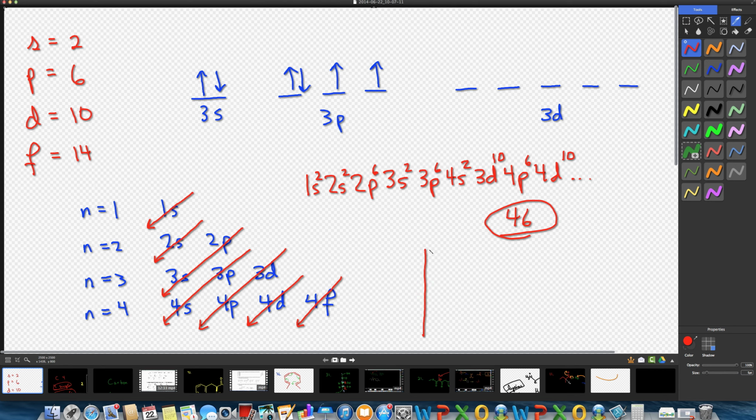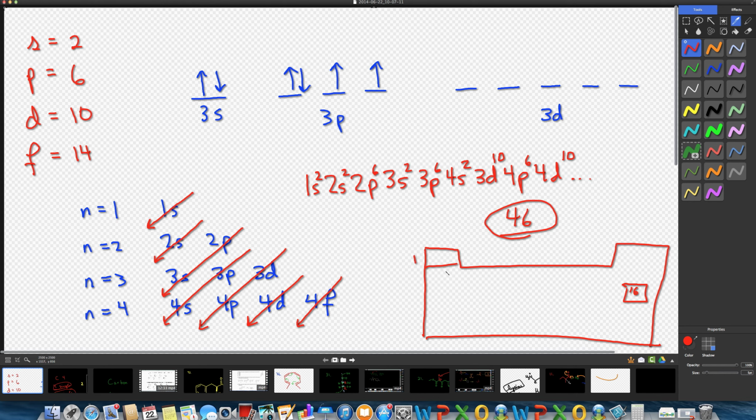Also, let's say for a moment we wanted the electron configuration for sulfur. Now, sulfur has an atomic number of 16. So here's my 1 row, my 2 row, and my 3 row.